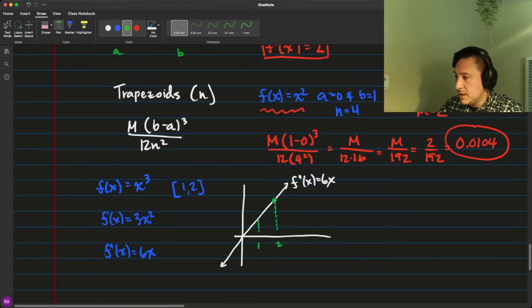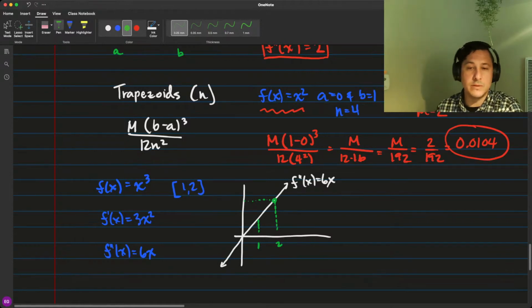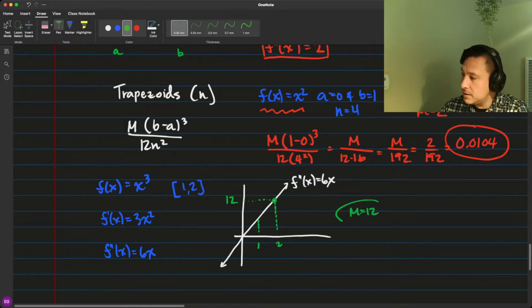Obviously, by looking at the graph, the maximum value your second derivative has on the interval [1, 2] is 12, so your M would be 12. So does that make sense?